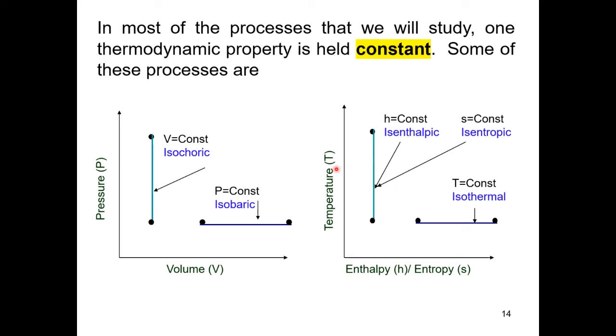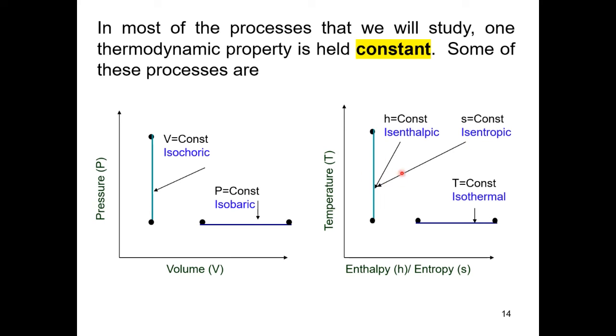Then if the graph is temperature to enthalpy or entropy, we have isenthalpic, meaning the enthalpy is constant, and we also have isentropic.